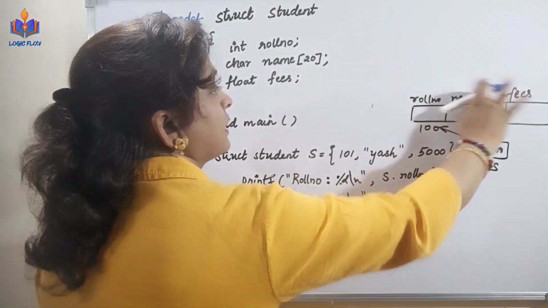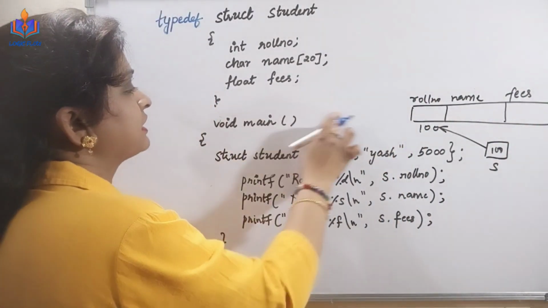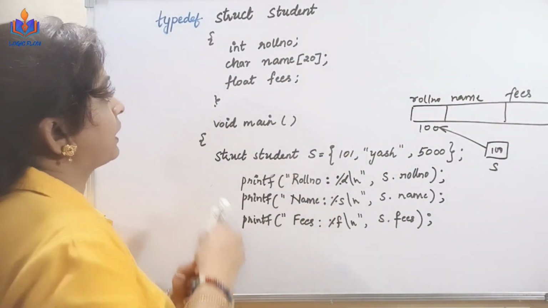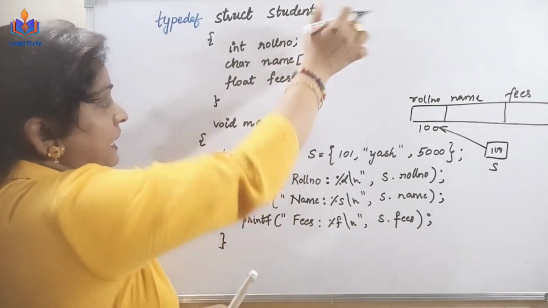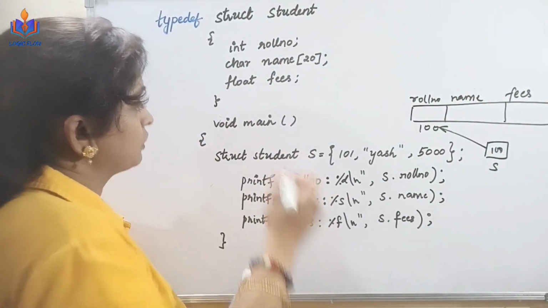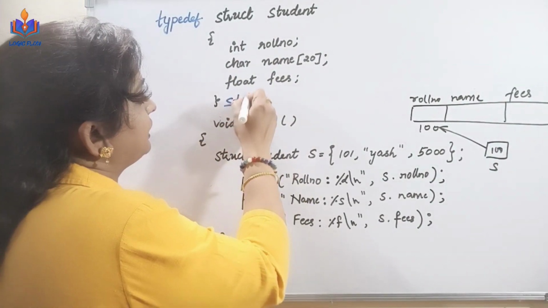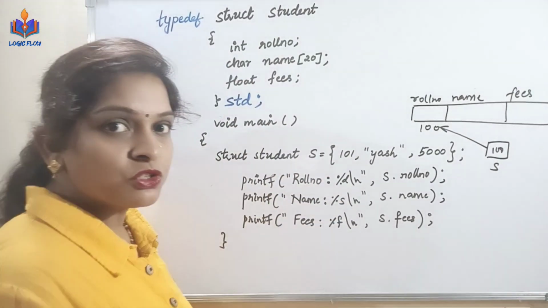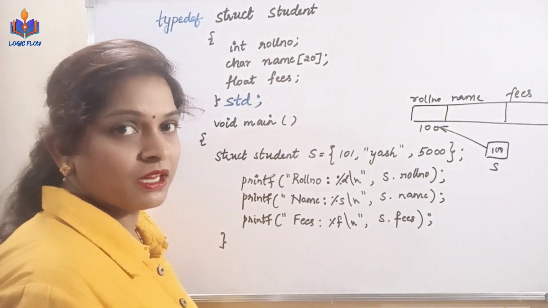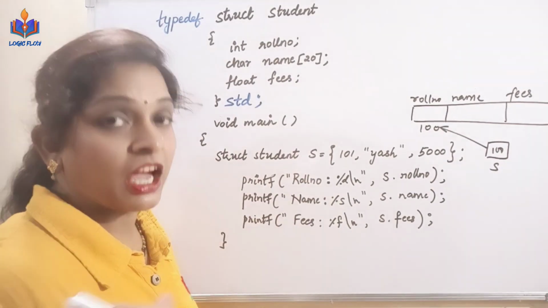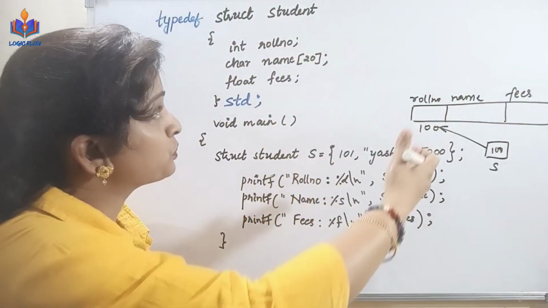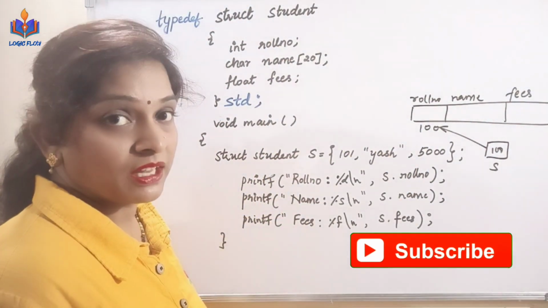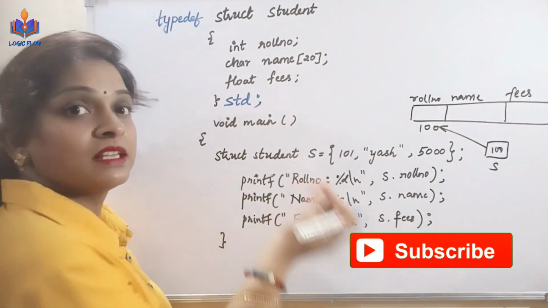I am going to redefine this complete struct student to std. So when I want to have the structure variable, I can simply say std. I need not say struct student and then the variable name. I can simply say std.